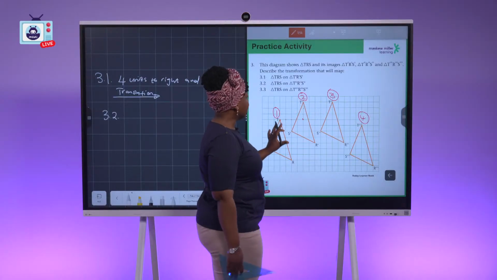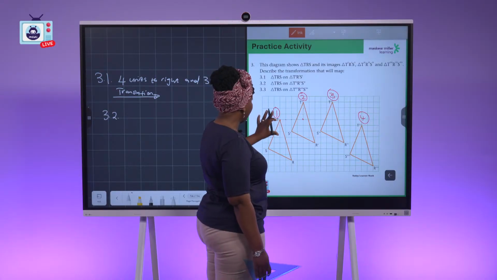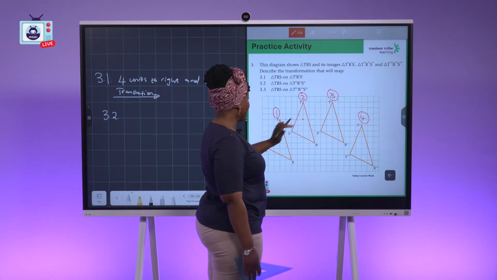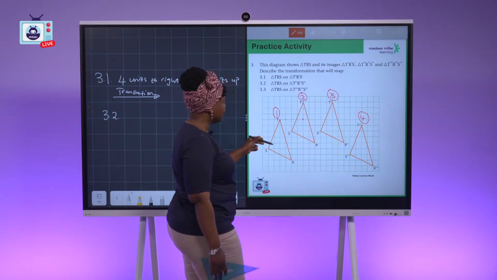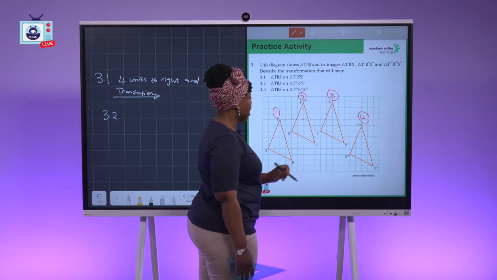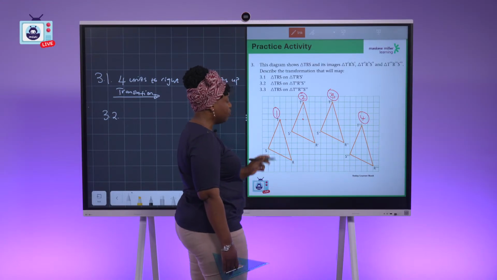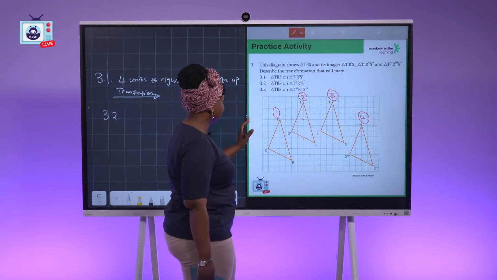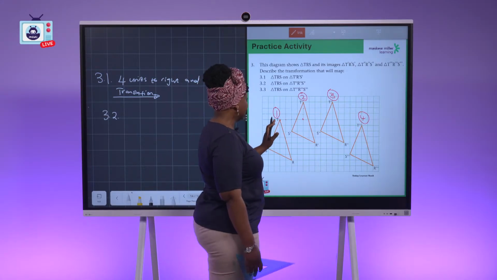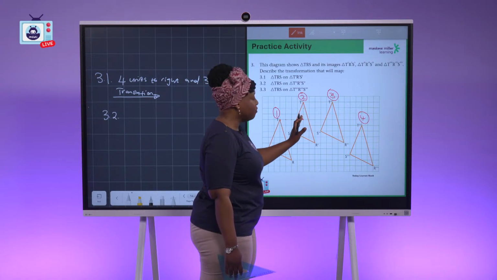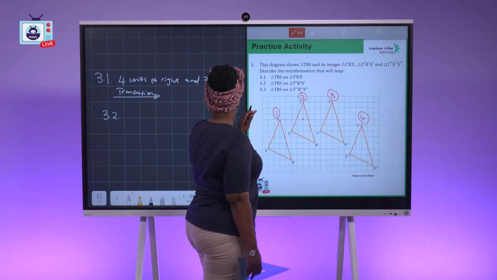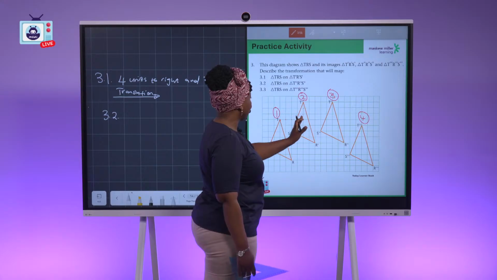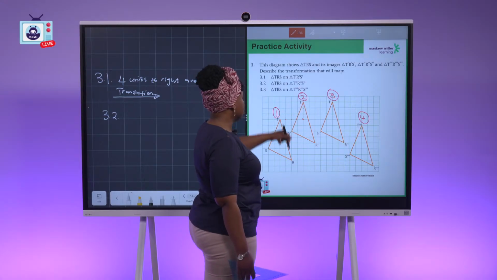Okay, so again they said what happened from number 1 to number 3. So the triangle that is at 1 ended up on the triangle that is at 3, right? If you look at what we have done now for 1 and 2, it was 4 units to the right and then 3 units up.